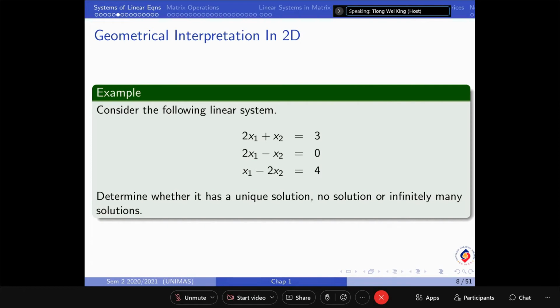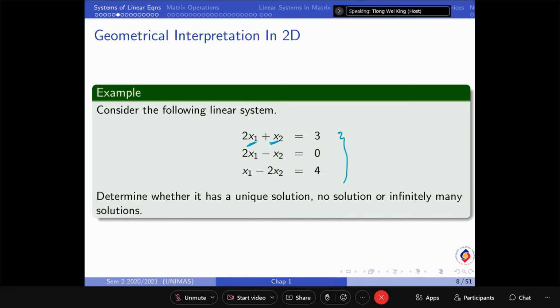So for example here, we have this linear system. Determine whether it has a unique solution, no solution, or infinitely many solutions. The easiest way is you plot the graph for each equation. Because here we only have two unknowns, x1 and x2, this is an equation of a straight line.